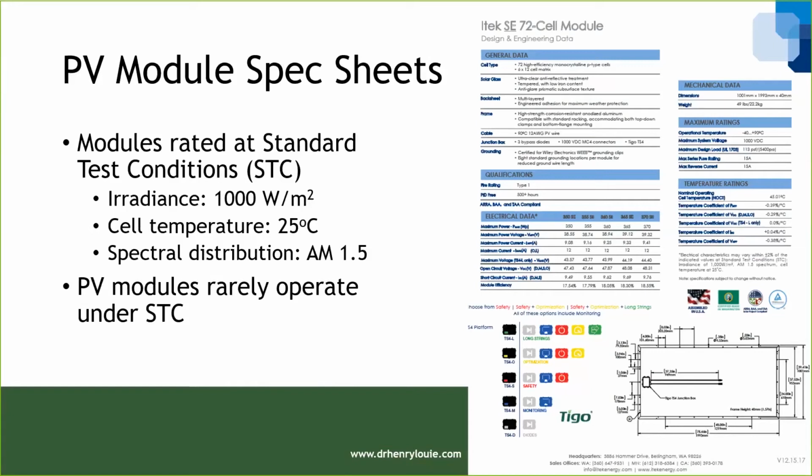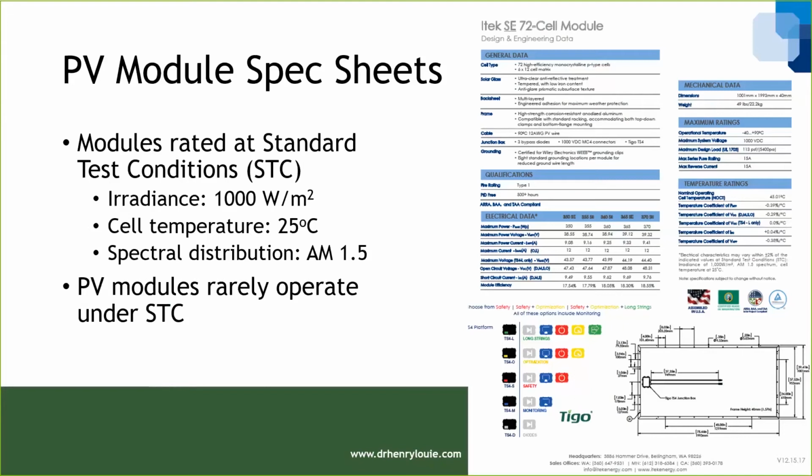Briefly, that means that they've exposed the solar panel to an irradiance of 1,000 watts per meter squared at a predefined temperature of 25 degrees Celsius and at a special spectral distribution of irradiance. So they've tested the solar panel under these conditions, and they've taken measurements, and that's what goes on the spec sheet. So you have to ask yourself then, well, how will my solar panel actually perform?